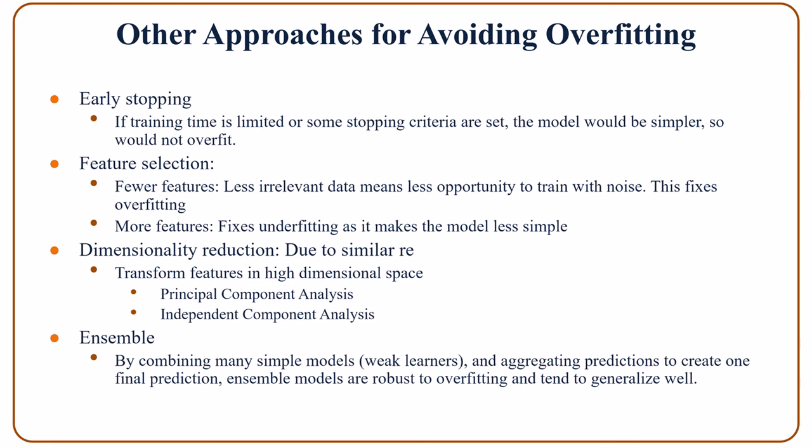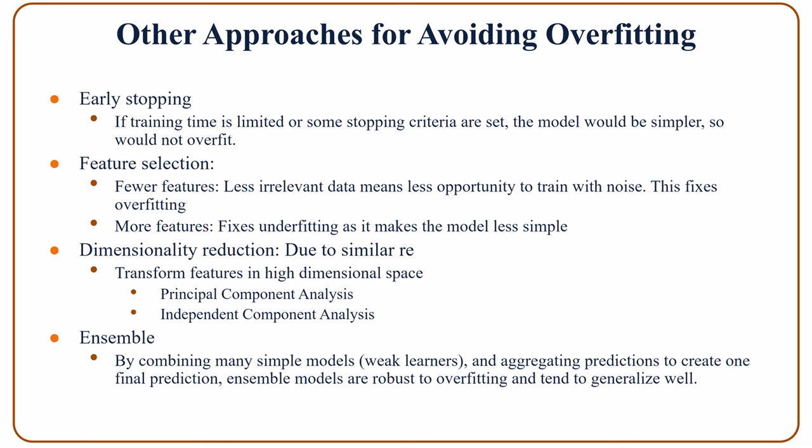There are other approaches for avoiding overfitting also. If we set a limit on the training time or some other stopping criteria, the model would be simpler, so it would not overfit. This is called the early stopping approach. Another way is to have fewer features.